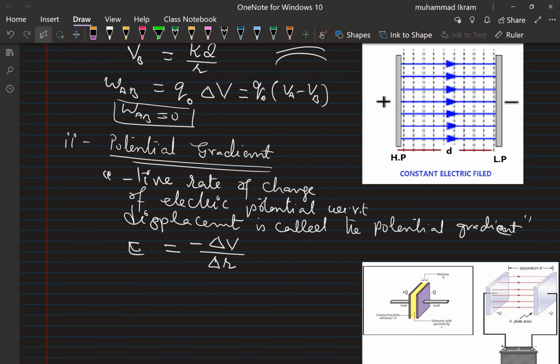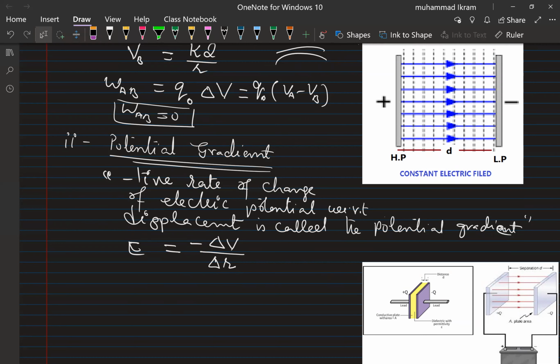Now, what does the negative sign indicate? The negative sign indicates that the direction of the electric field intensity is opposite to the direction in which the potential is increasing. Now I will tell you how it is like that.